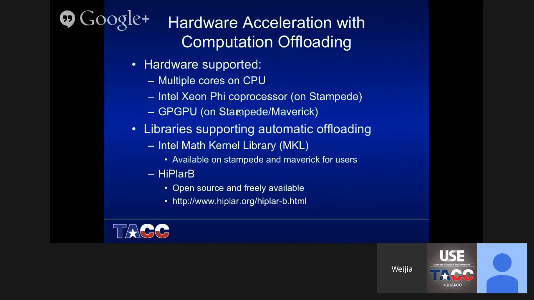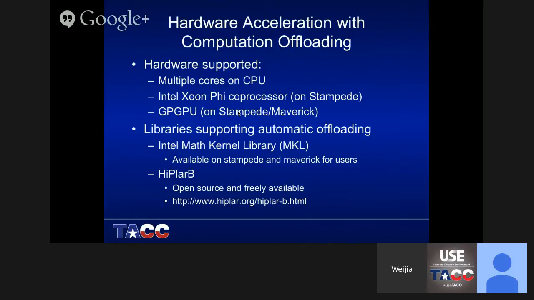So let me start with hardware acceleration with computational offloading. As I mentioned in the first session of the day, one of the features in Stampede and Maverick we want to make everybody aware of is that Stampede has an Intel Xeon Phi, which is a co-processing card. It offers 61 additional cores on one single card.